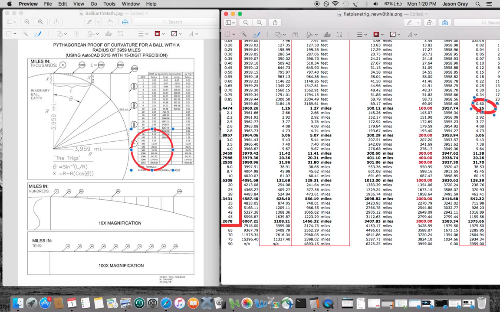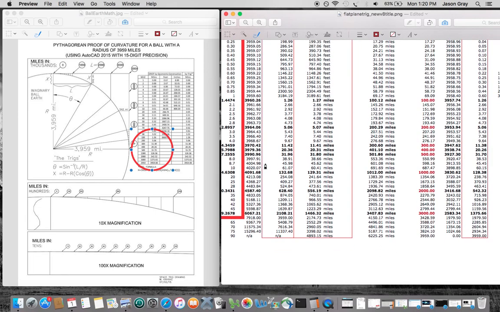Same with the curvature value, but as you get to around 31 here, around 7 degrees, they start really separating out.